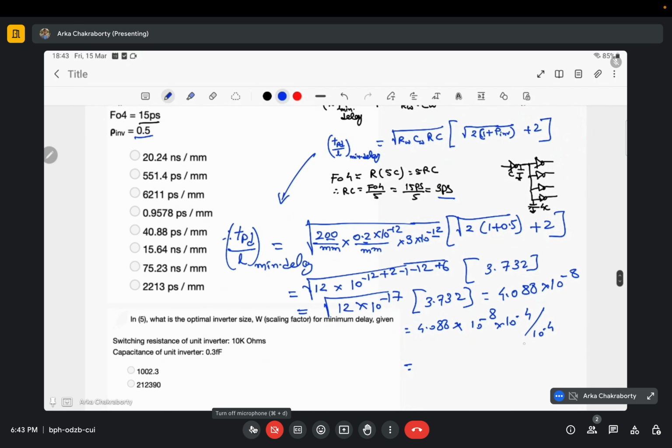Okay, so it would become, and if I take minus 1, it would become 40.88 picosecond per millimeter. Correct? So it would become 40.88 picosecond per millimeter. Correct, right? I hope that's clear. The propagation delay per unit length for the minimum delay condition is coming as 40.88 picosecond per millimeter.